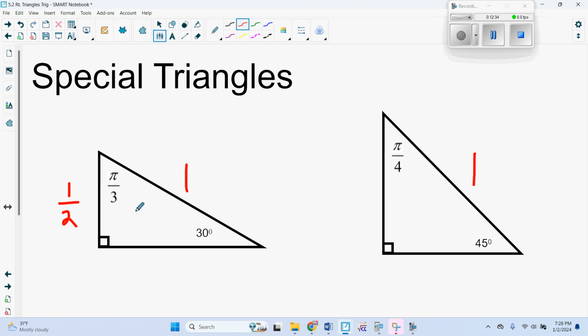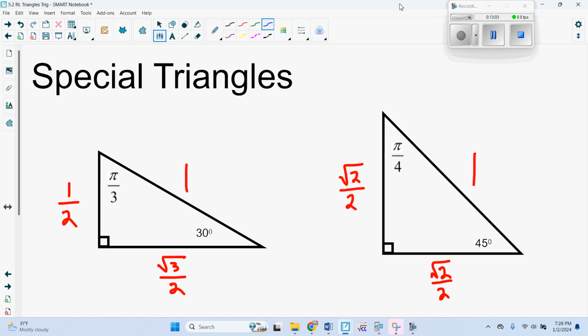And the side opposite the pi over 3, or the 60, is square root of 3 over 2. If you have a pi over 4, pi over 4, pi over 2 triangle, or 45, 45, 90, this is an isosceles triangle, so the two sides are the same, but if our hypotenuse is 1, the side of both legs is square root of 2 over 2.